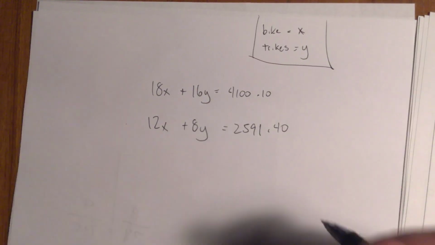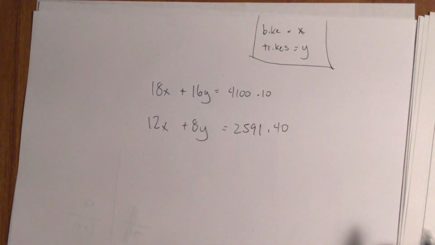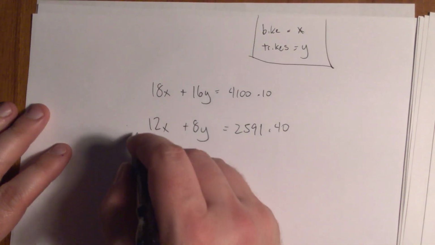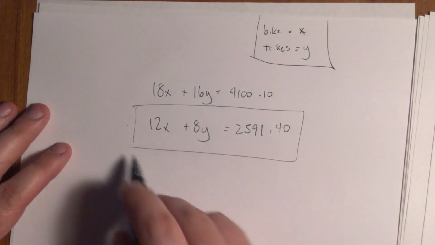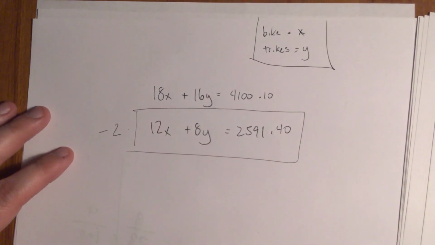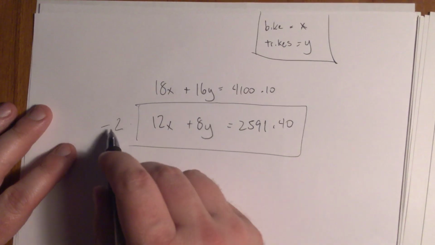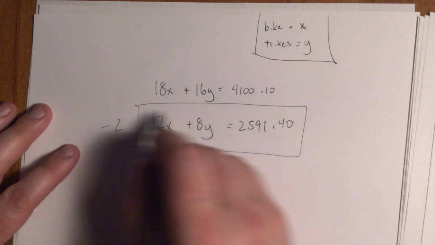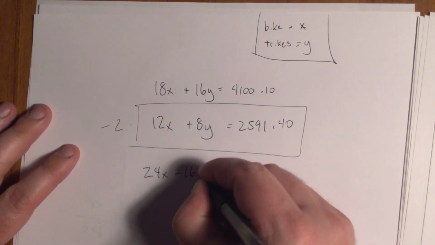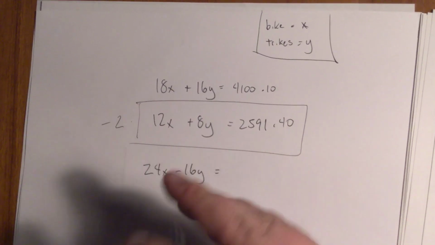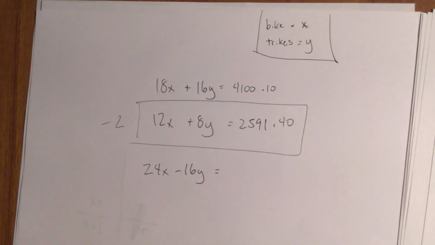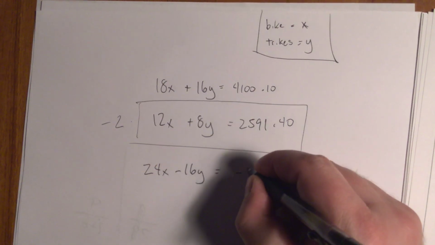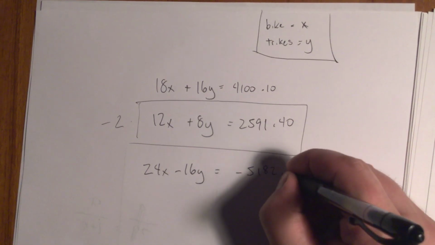Show your work. Okay, so the first way I could do it is I'm going to take this whole equation and multiply it by -2. That would give me -2 times 12x is -24x. -2 times 8y is -16y. -2 times 2591.40 is -5,182.80.